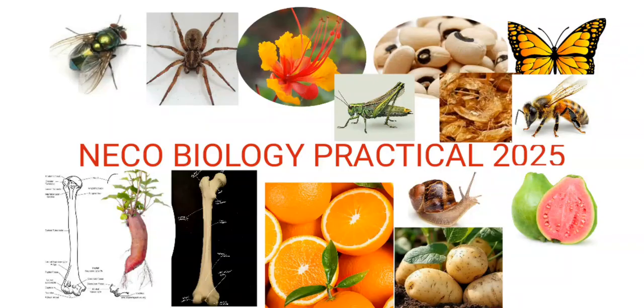Now, believing you have drawn your table and you are ready to pick the differences between the organisms that belong to the same phylum but different classes. Now let's begin.